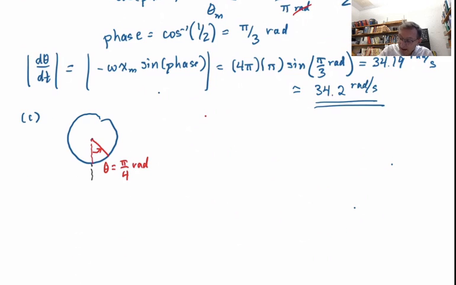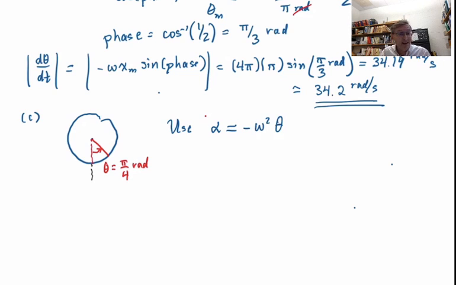And I want the magnitude of the angular acceleration when that's the theta. I'm going to use what the book calls the hallmark equation for simple harmonic motion, angular form, which is angular acceleration alpha equals negative angular frequency squared times angular displacement.